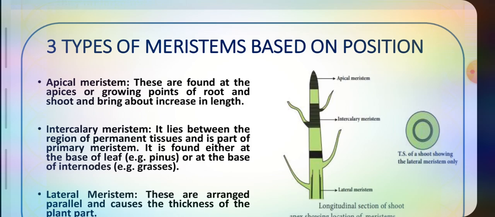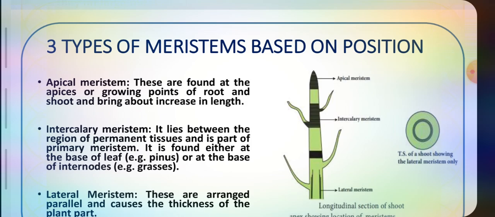Where is it found? It is found either at the base of the leaf, example Pinus, or at the base of the internodes. What do you mean by internode? Internode is nothing but the distance between two nodes. Then what is a node?